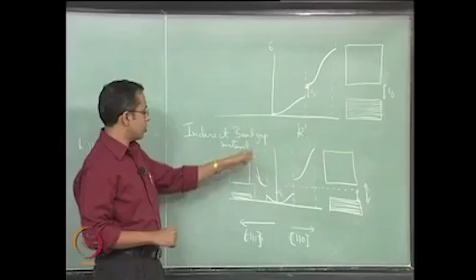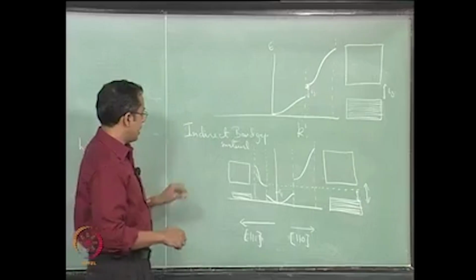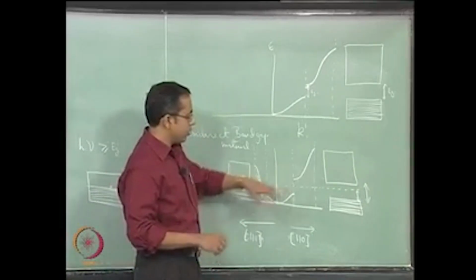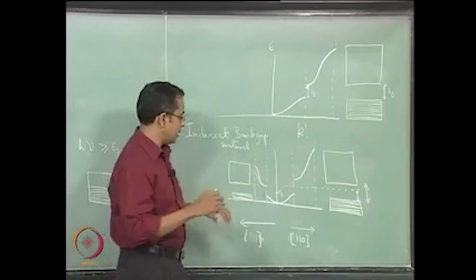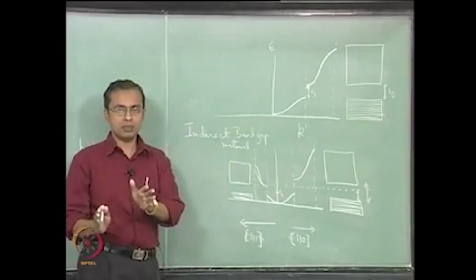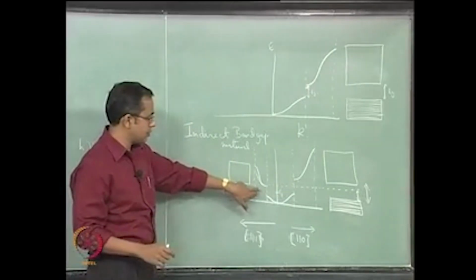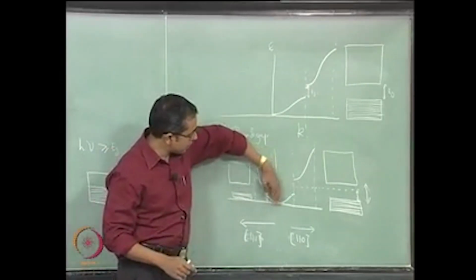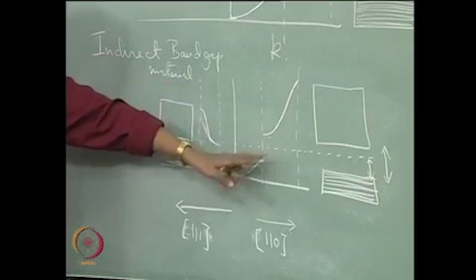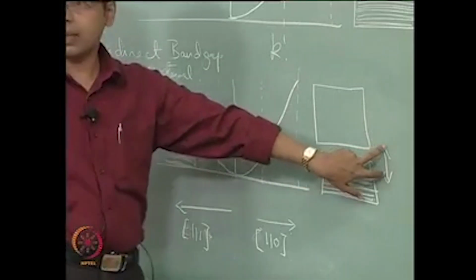So such a material is called an indirect band gap material, whereas there are definitely other examples where the lowest unoccupied state and the highest occupied state are both in the same direction in K space, okay. So where you do not have this situation, where you simply have only this part of the picture holding true, and that is fine, okay. So in that case the band gap is still defined by this original distance.